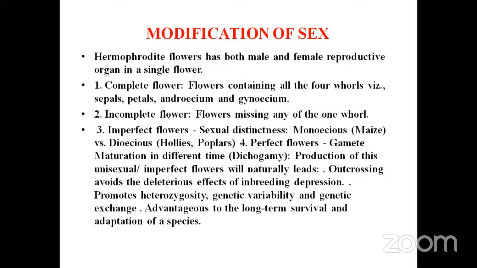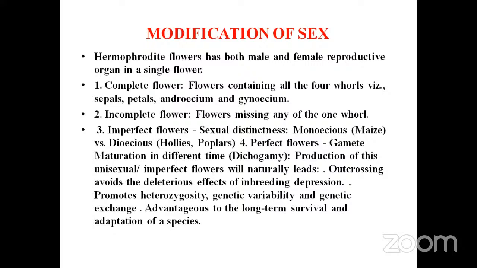Imperfect means sexual distinctness. Monoecious versus dioecious. What is monoecious? Imperfect means the sexes are separated. Monoecious means both the male and female flowers are on the same plant.